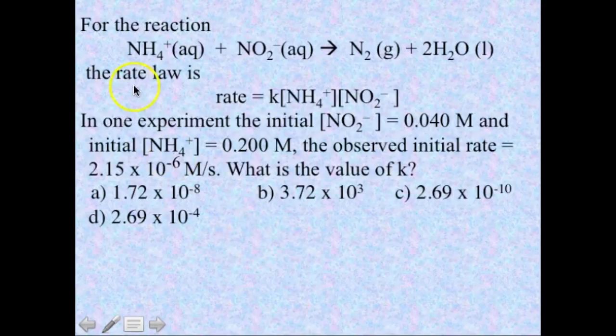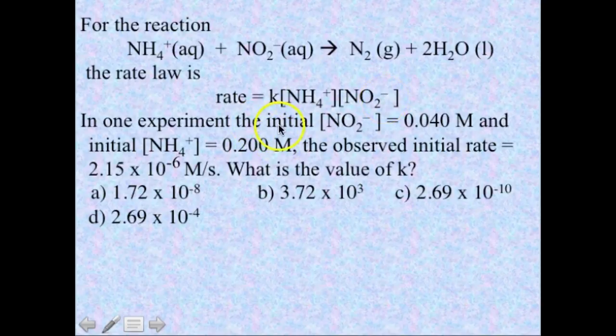Now for the reaction, the ammonium ion plus the nitrite ion yields nitrogen gas and 2 moles of liquid water. The rate law determined by experiment is rate equals K times the concentration of ammonium ion times the concentration of nitrite ion.